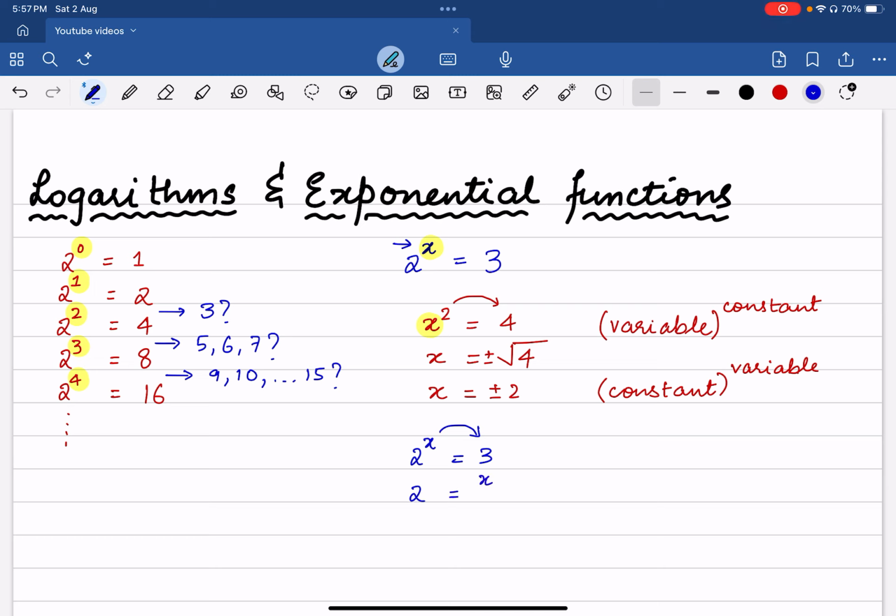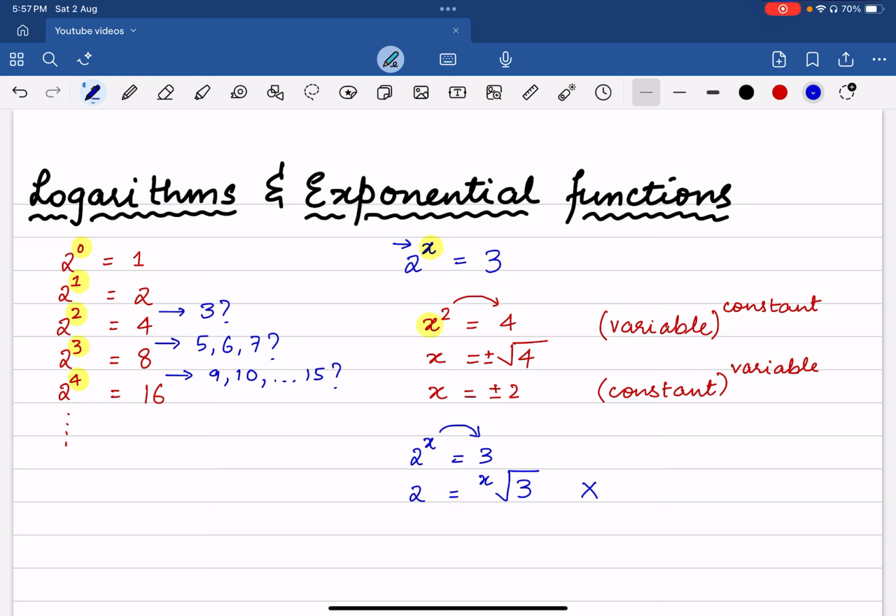So it will become x root of 3, which also doesn't help serve the purpose. Any which way, I'm not getting the value of x over here. So this would not be the correct approach to find out the value of x.